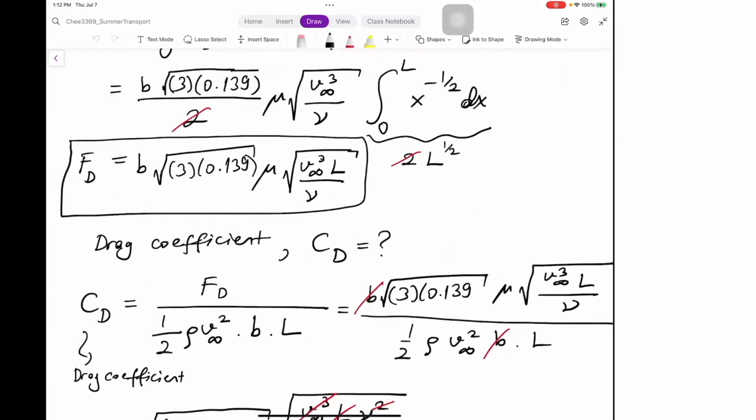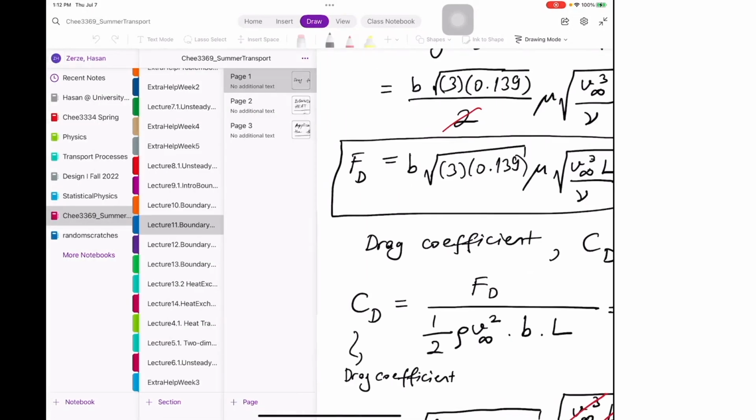Maybe it's a better idea if I pull them up in my notes. This is lecture 11, page 1. There you go.